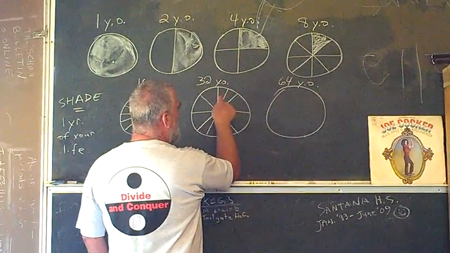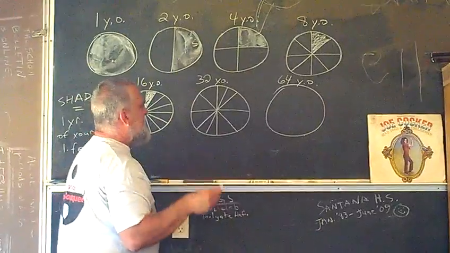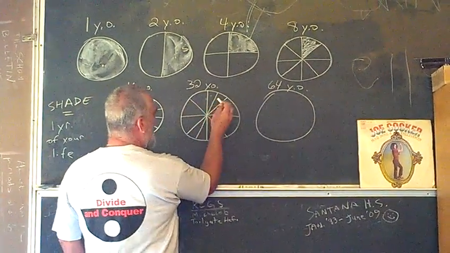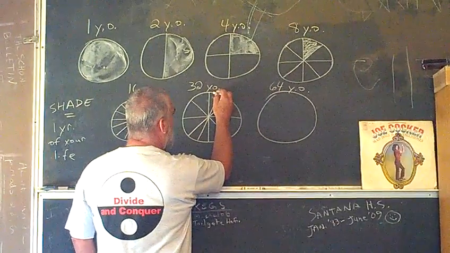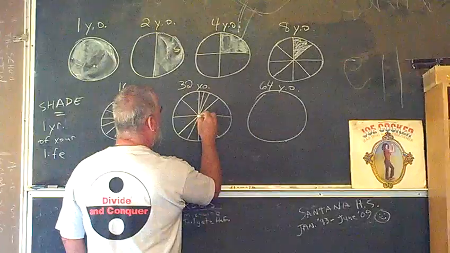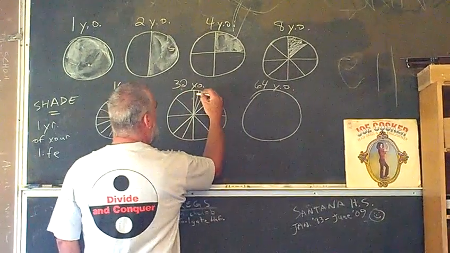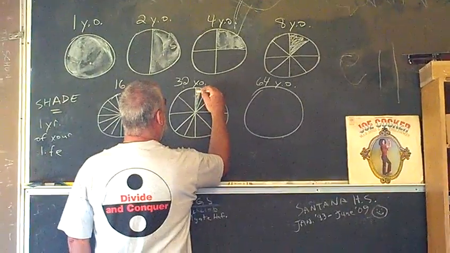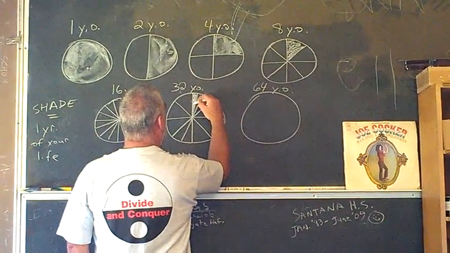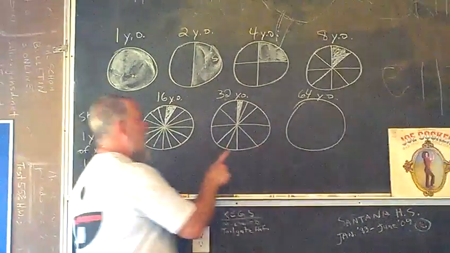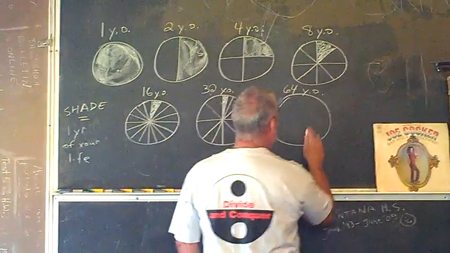So now I cut this in half, and so we go to 32. In other words, when you're 32 years old, 1 year of your life is represented by that portion of your life.